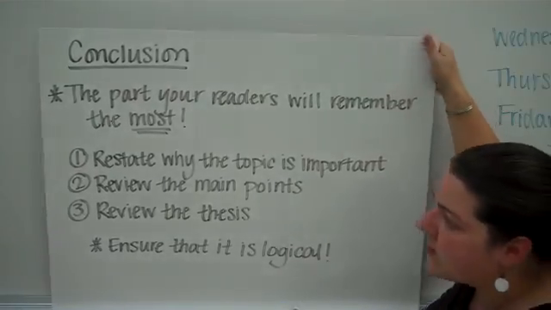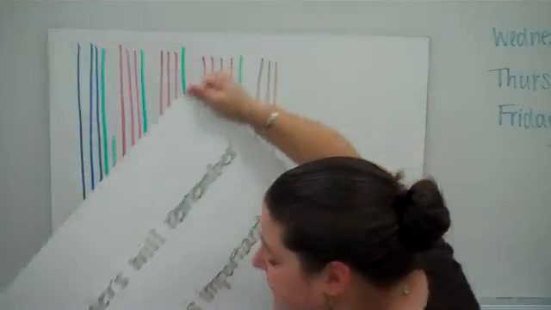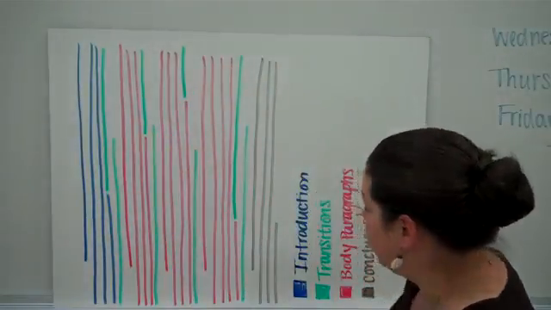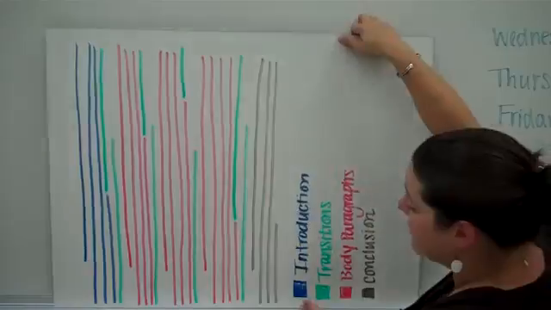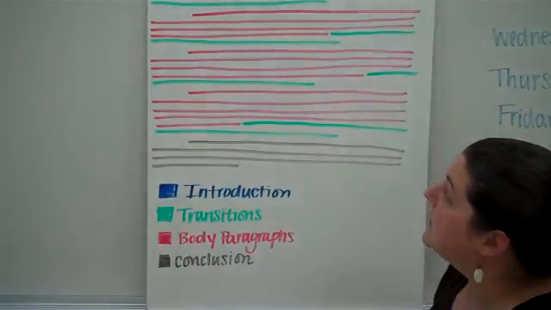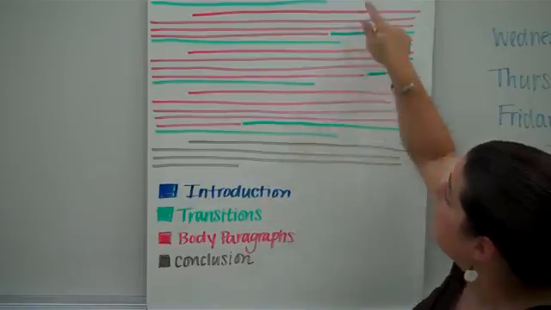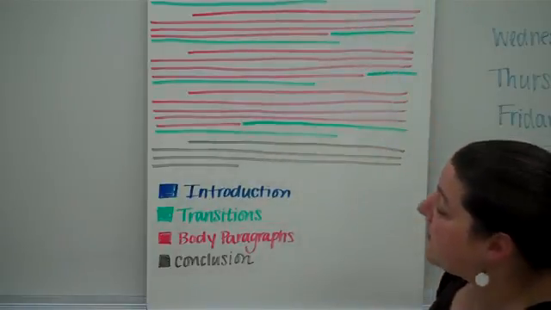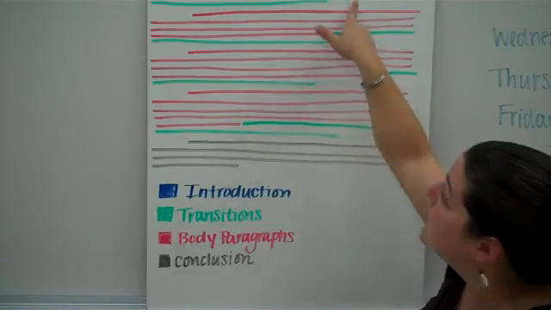Good. Well, you're all going, okay, that's wonderful, but what does it look like? Well, let me show you. If we turn this right side up so that you can see, your introduction is in blue, so it will be one paragraph. Transitions are in green.